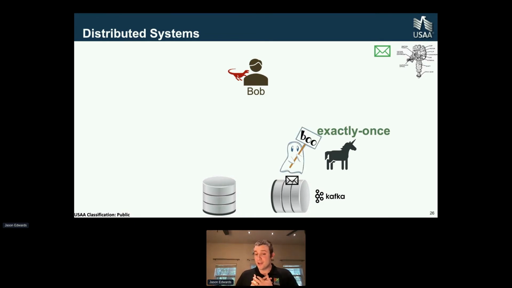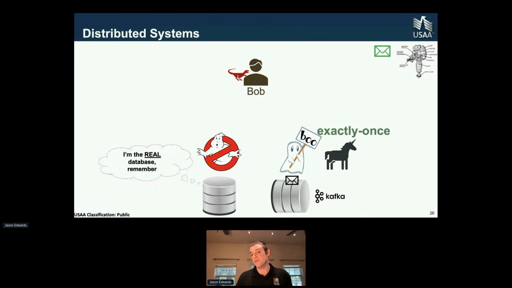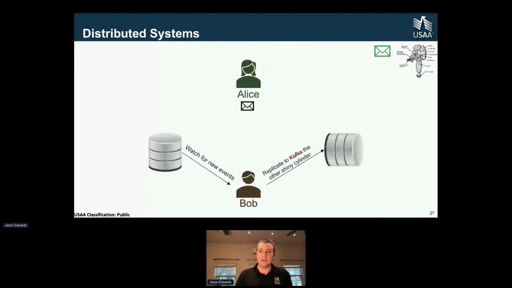So what I'd like to call this is we have a phantom event or a ghost event. We say that something happened in our system, but over here in the system of record, our database, our kind of main thing, we don't have that same thing having happened. And remember, this one over here is the one we're calling the real database. And it really doesn't matter which one we put horizontal or vertical, it works the same.